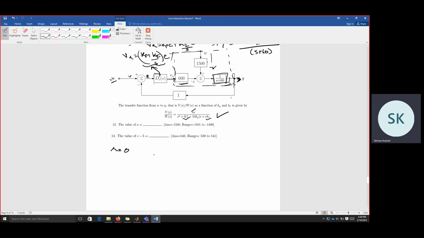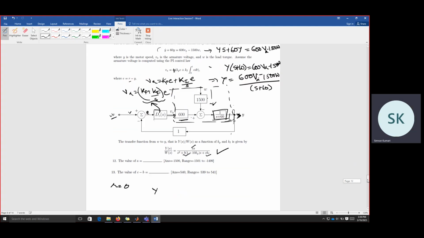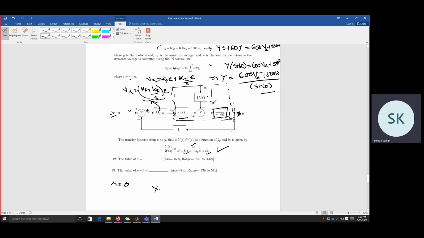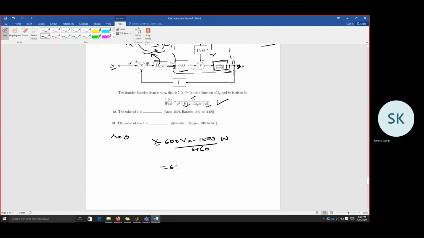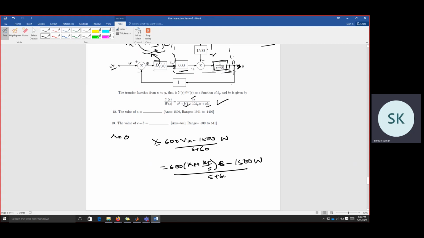Fine. And we have Y from this transfer function. We know Y is equal to 600 Va minus 1500 W by s plus 60. Now Va we know is Kp plus Ki by s into E, minus 1500 W by s plus 60.